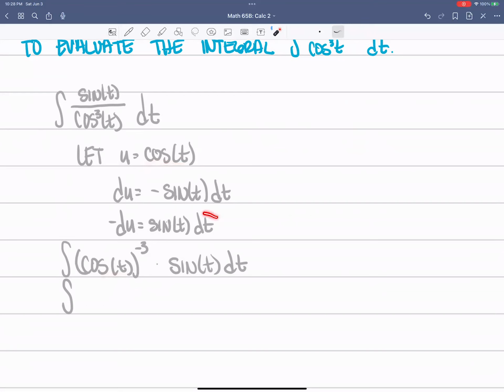Everywhere we see sine t dt, we're going to replace it with negative du. So we have u to the -3 times negative du. Can move that negative out here. u to the -3 du.